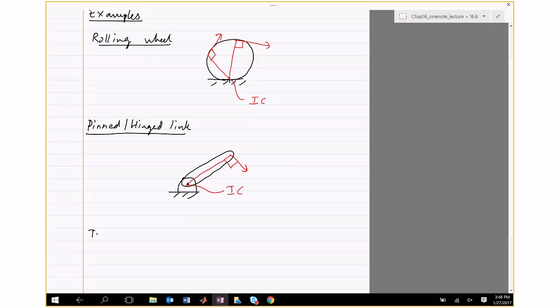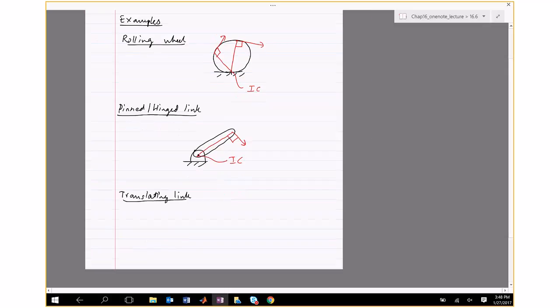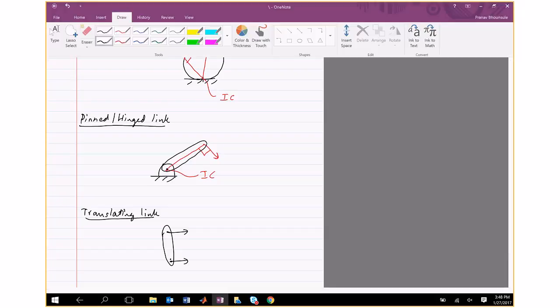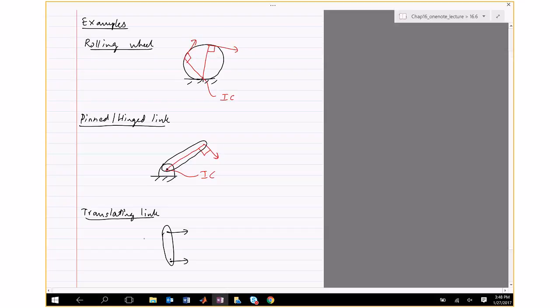Finally, a translating link. Okay, if any 2 points on the link are moving with the same speed in one direction, we'll have its IC at infinity.